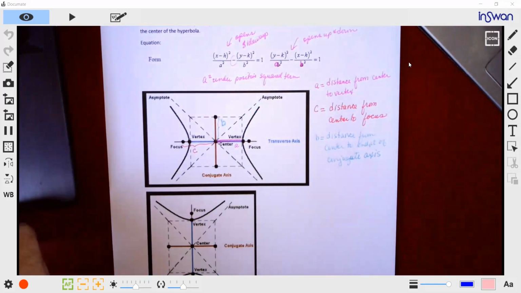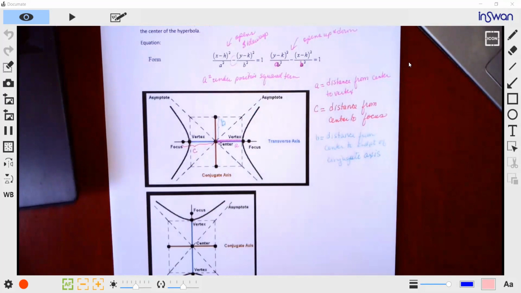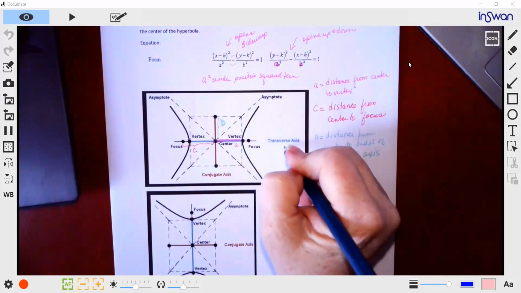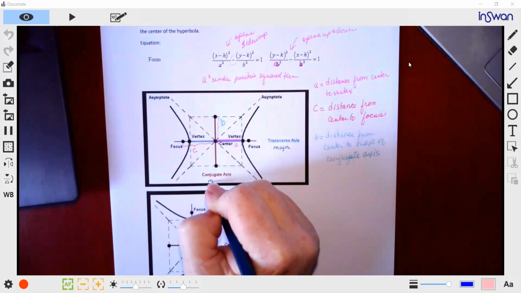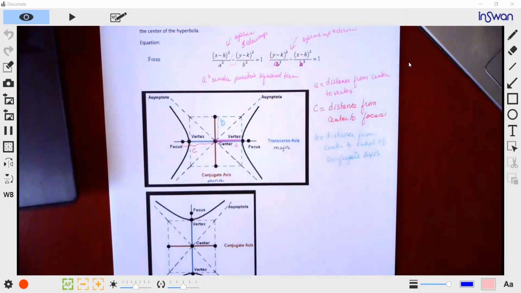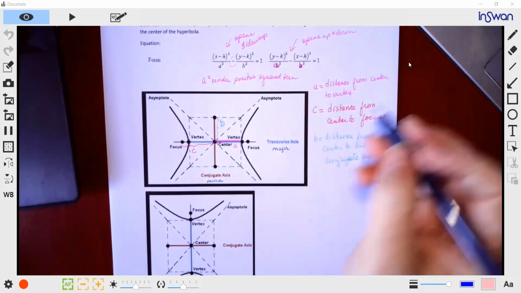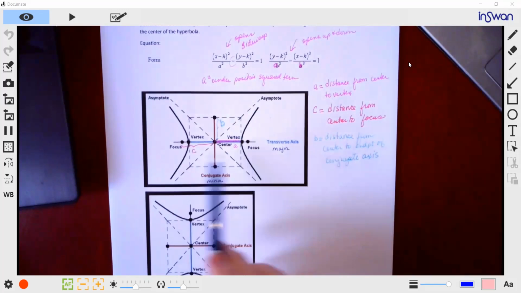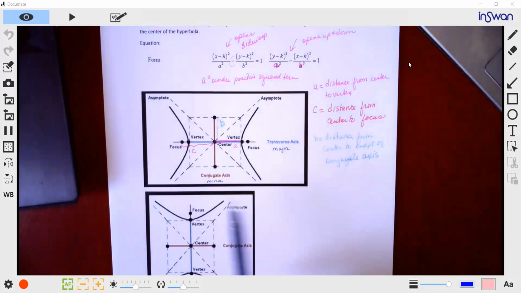It just depends on what A and B are. But sometimes people call the transverse axis the major axis and the conjugate axis the minor axis. Just depends on who you're talking to. So you could always call this major and minor. Again, just realize that major is not always longer than minor in a hyperbola.